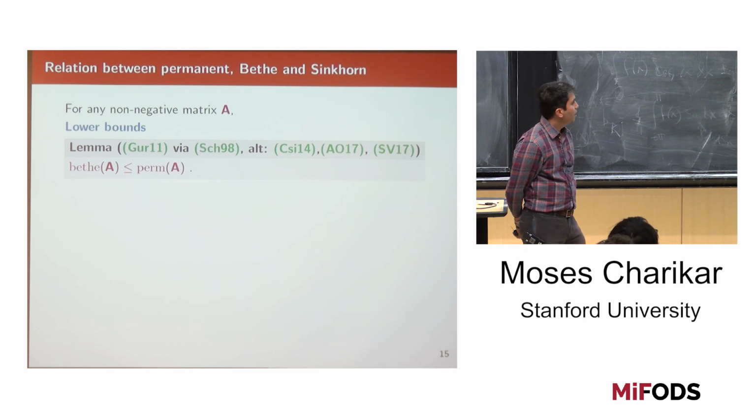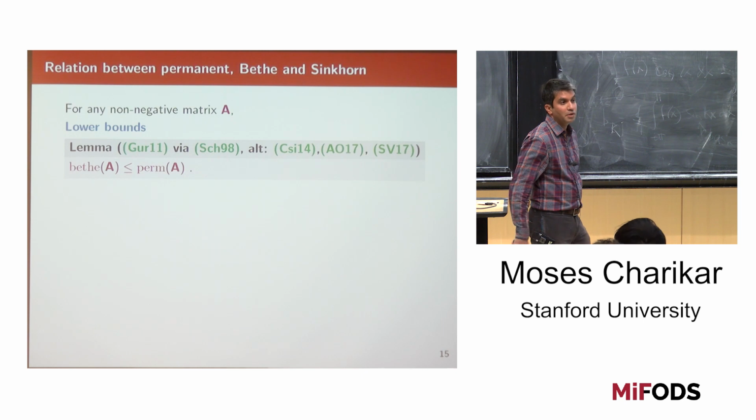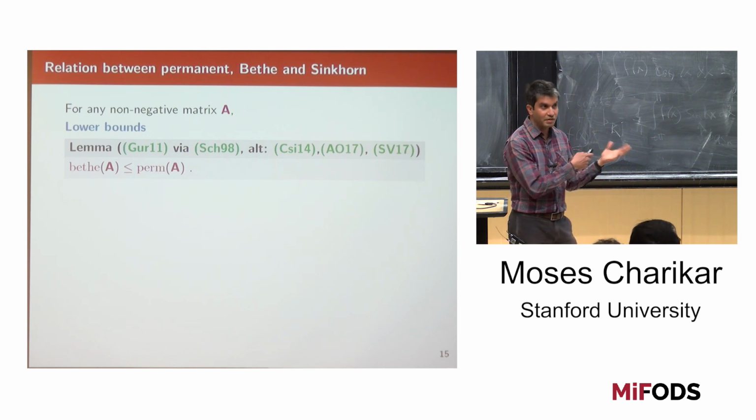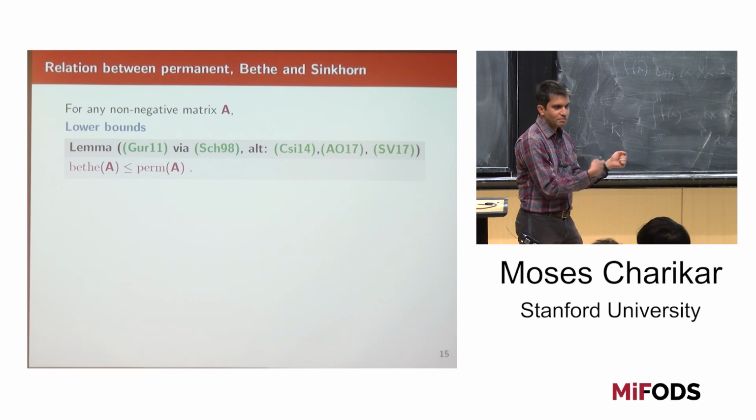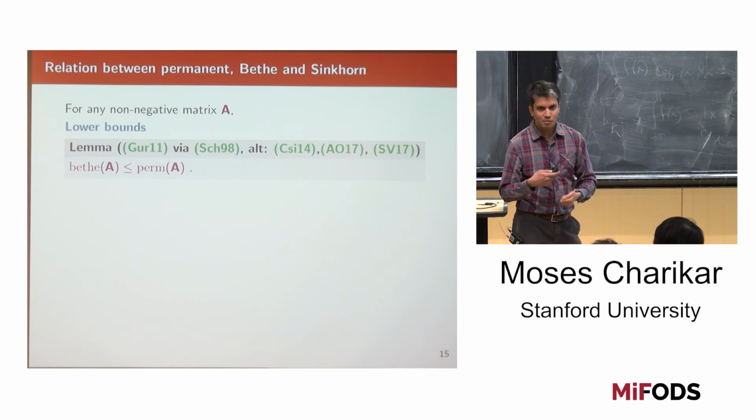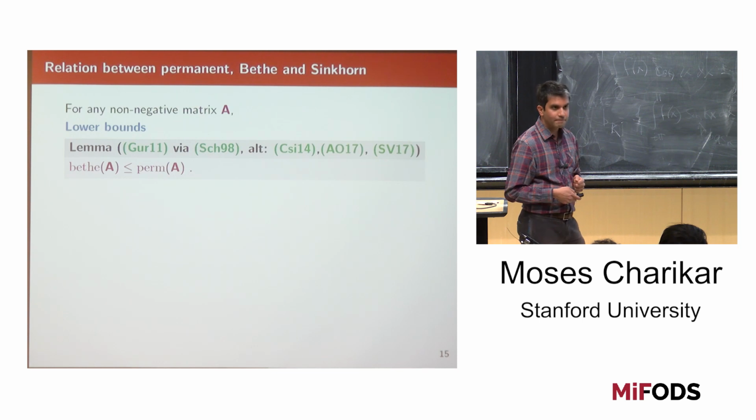Now we know several alternate proofs of this, and some use various properties of real stable polynomials and so on. It's a very interesting inequality in itself. It was first proved using pretty heavy-duty methods, and now we know other ways to get the same fact. So it turns out that the Bethe approximation is indeed a lower bound on the permanent.